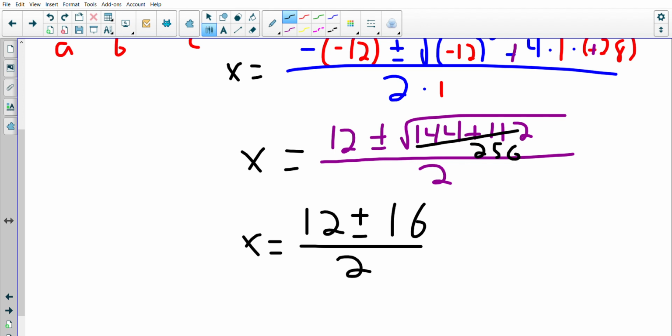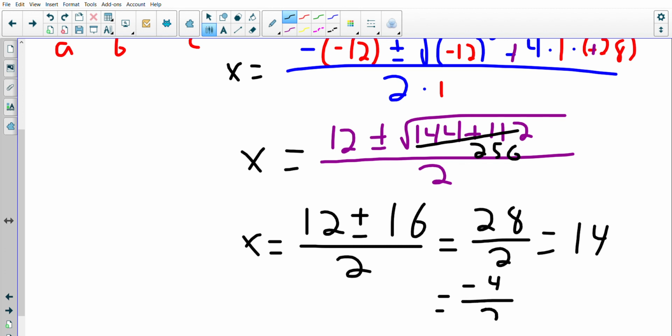So I can simplify this out. 12 plus 16 is 28, and that's divided by 2, which would give us 14. Or we could get 12 minus 16, which is negative 4 all over 2, which is negative 2. So my answers are x equals 14 or x equals negative 2.